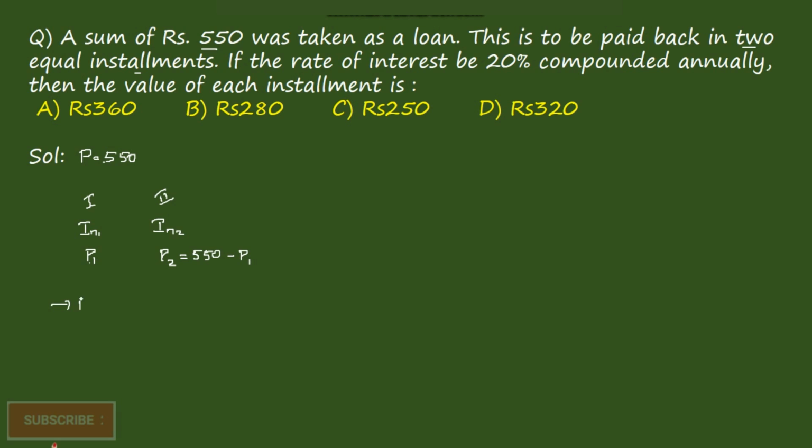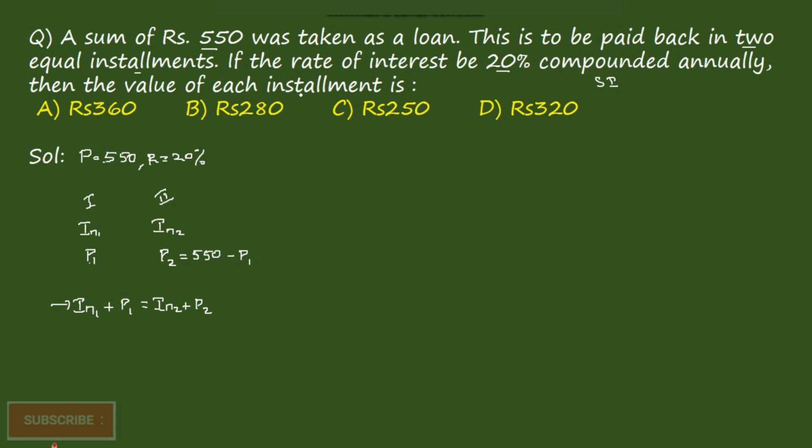Since the installments are equal, we can say that IN1 plus P1 is equal to IN2 plus P2. Again, they are saying the rate of interest is 20%, and we are treating it as simple interest.